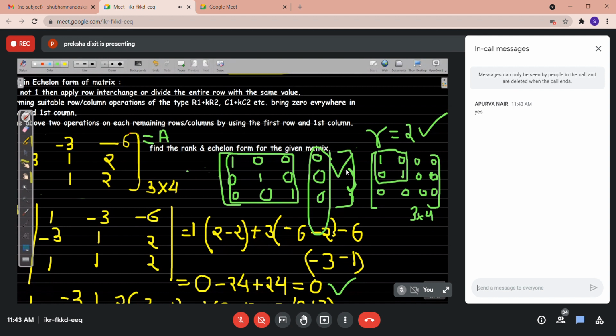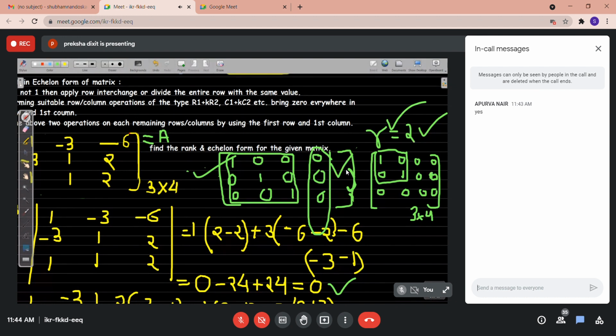So here I write the format if we get rank value as 3, and if we get rank value as 2, that also I have written for the example. It is just for the understanding of how it is going to look when it is reduced to an echelon form of a matrix.